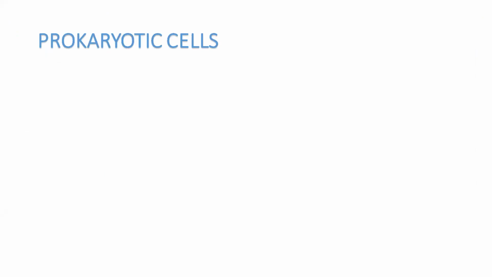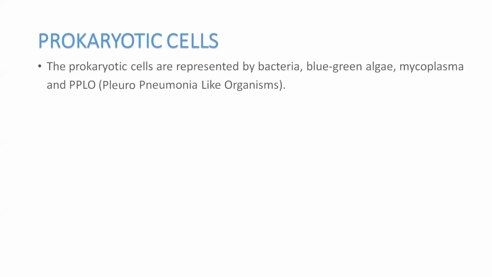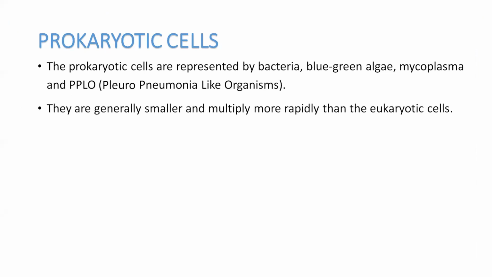We have seen an introduction, in brief, to prokaryotic cells, their organization and the cell organelles present in them, right? These prokaryotic cells are usually seen in bacteria, blue-green algae and PPLO. They are smaller in size and multiply very fast.